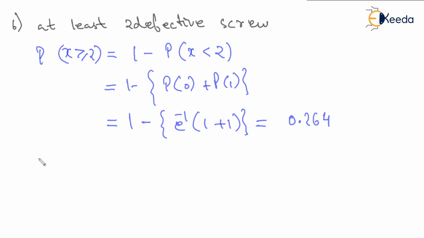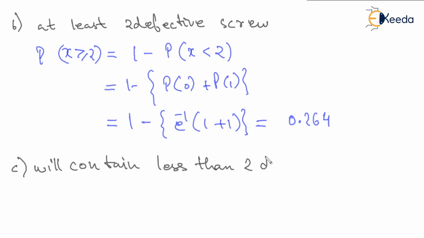0.264. And what if we want it to contain less than 2 defective items? This means x should be less than 2.